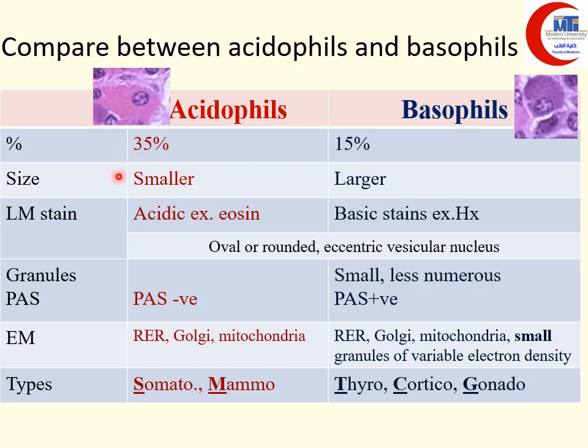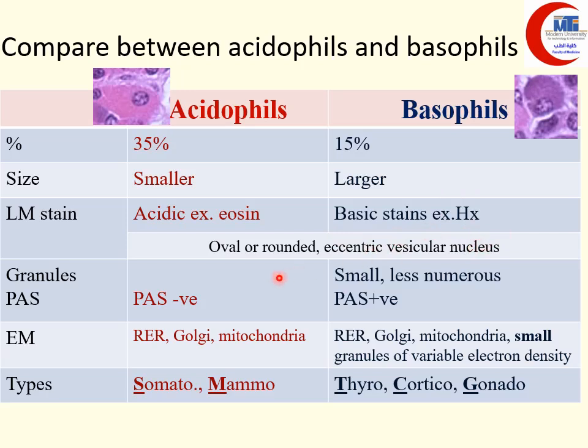They are smaller in size than basophils. Basophils are larger in size. From the name, acidophils by light microscope are acidic, as they take acidic stains such as eosin. But basophils take basic stains such as hematoxylin.